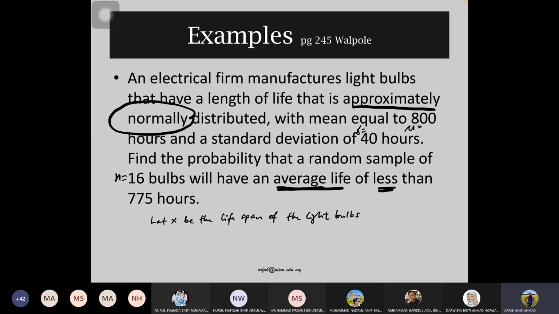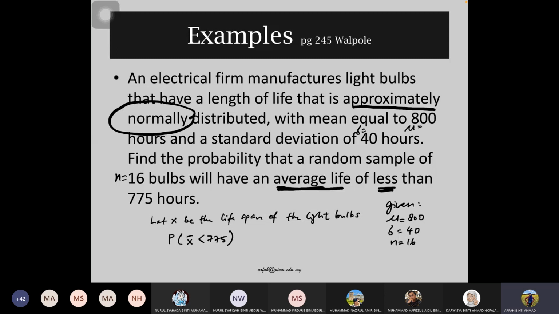There is the word average. So given mu equal to 800, sigma equal to 40, and n equal to 16, we are interested in the probability of X bar less than 775, because it says will have an average life. So we are interested in the sample mean X bar as the variable.